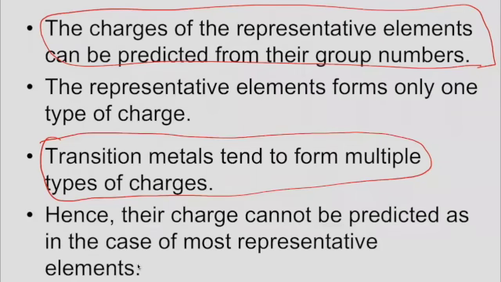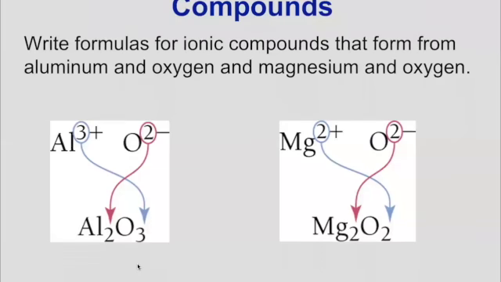How do we write chemical equations? Chemical formulas, not chemical equations. Well, if I tell you that aluminum likes to form a 3+ charge, meaning it likes to give 3 electrons, and oxygen likes to receive 2 electrons, what's going to happen is that the superscript number of aluminum is going to become the subscript of oxygen, and the superscript of oxygen is going to become the subscript of aluminum, creating aluminum 2 and oxygen 3.